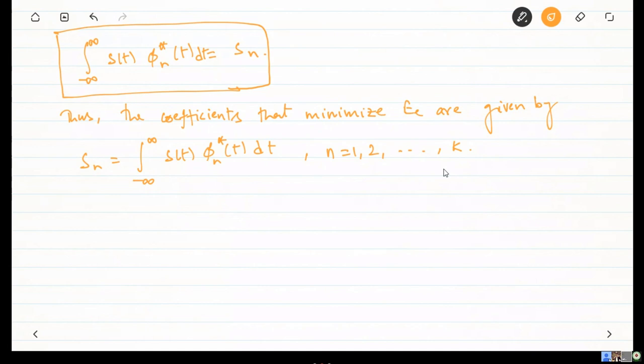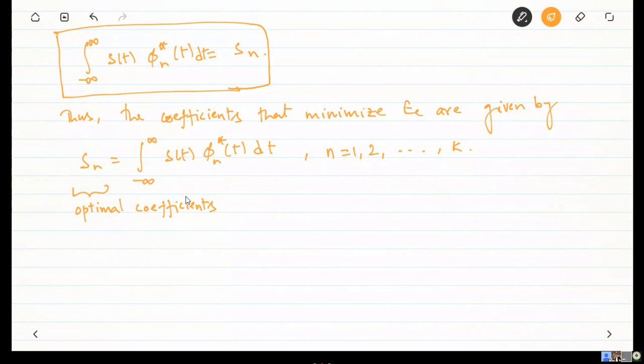Okay, so these are the optimal coefficients that minimize the error energy. Why do we say they are optimal? They are optimal in what sense?